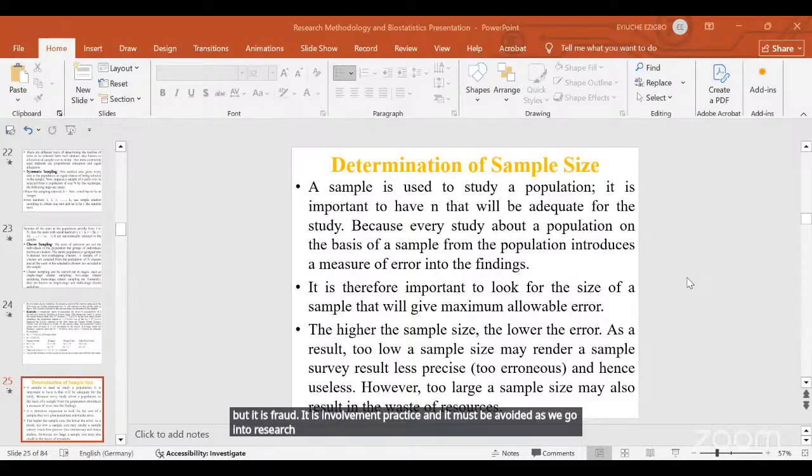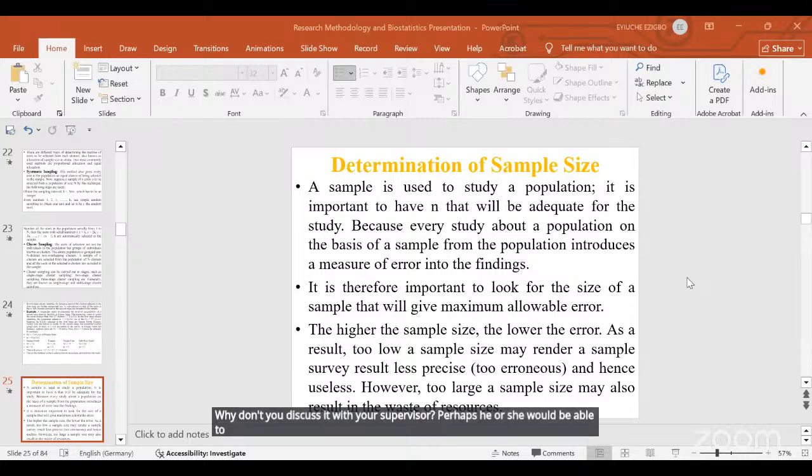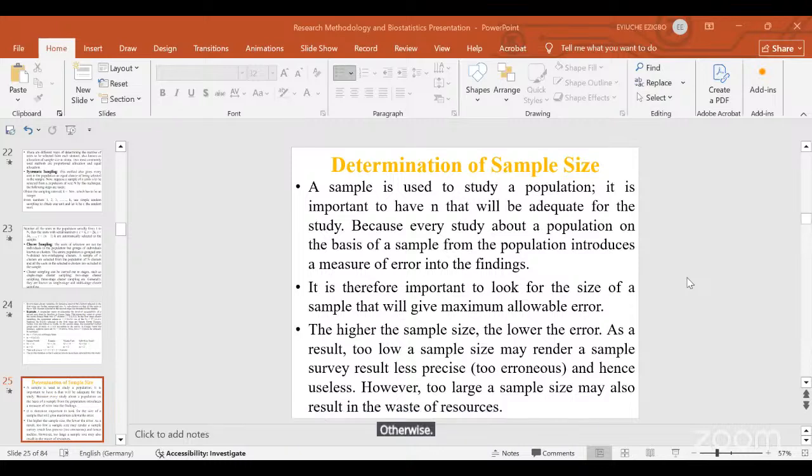If for whatever reason you cannot get the 200 that you are supposed to use, why don't you discuss it with your supervisor? Perhaps he or she will be able to help. After that, you can look for something to support the use of that 100. You understand? There are so many things that one can use to support something.